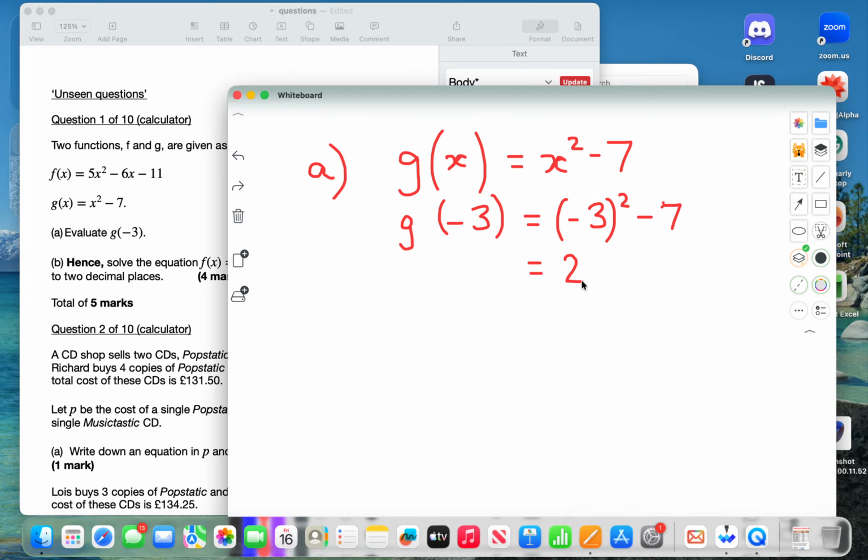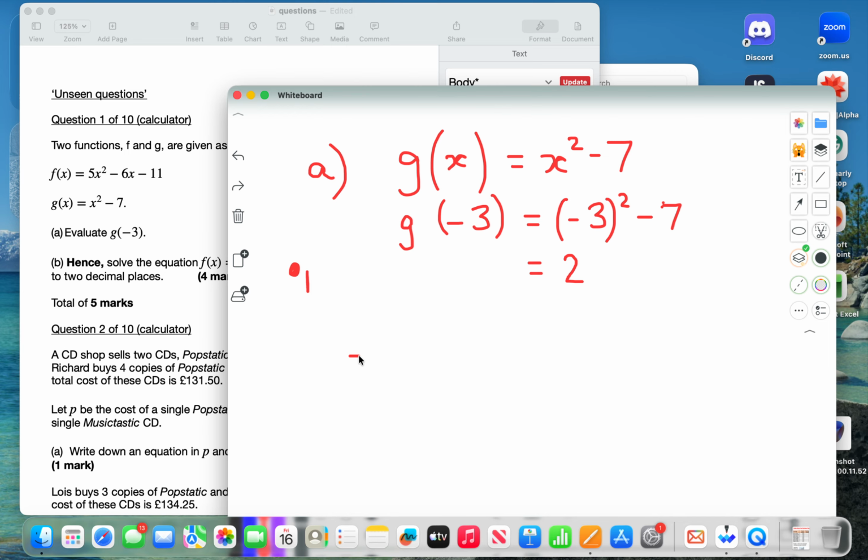And the first mark is as simple as that. You would get 1 mark for that.